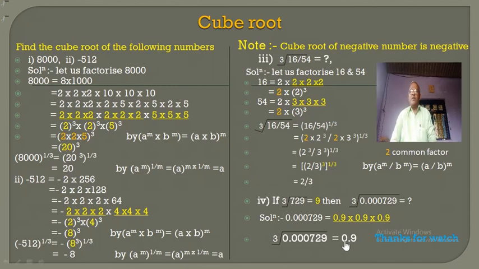So here taking third root of both sides, 0.9 is the cube root of 0.000729.